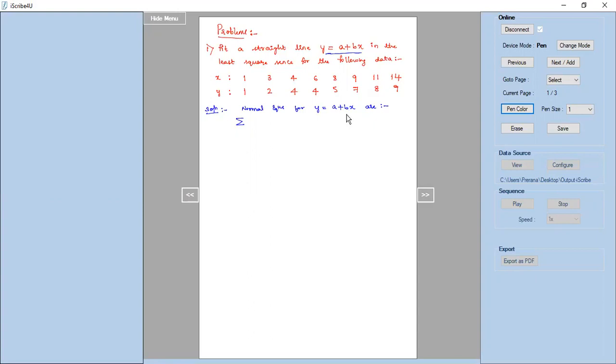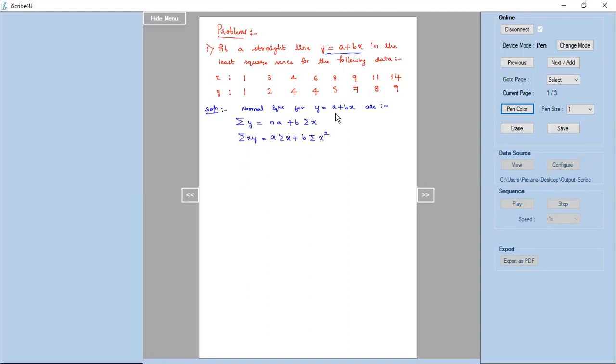For the second one, we multiply by the independent variable x and take sigma. So sigma y is equal to N a plus b into summation x. Second one, sigma xy is equal to a sigma x plus b sigma x square.